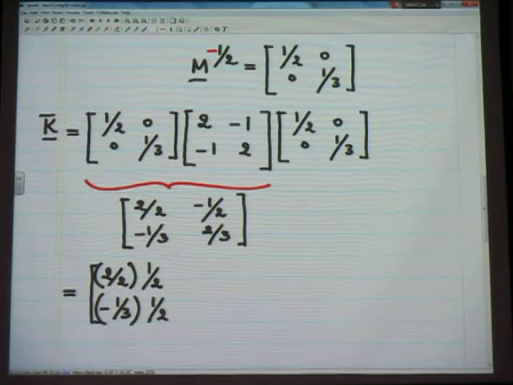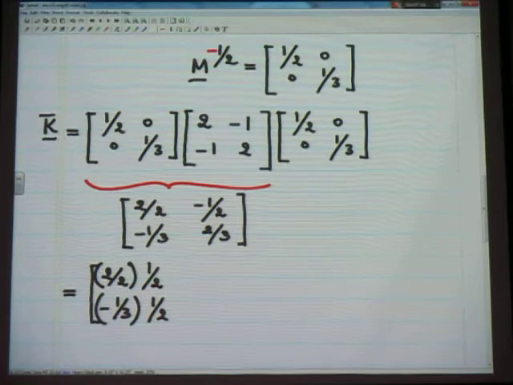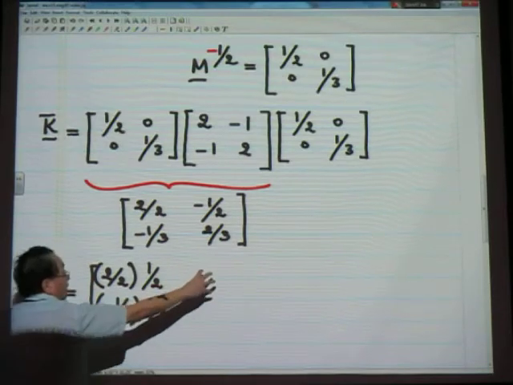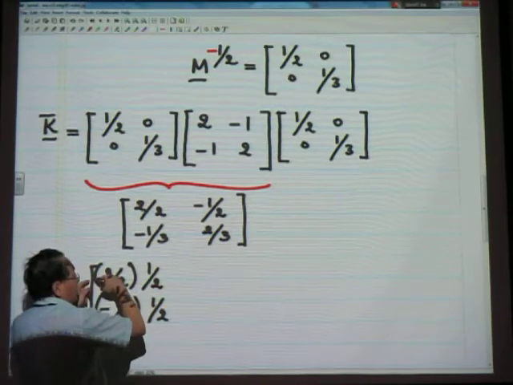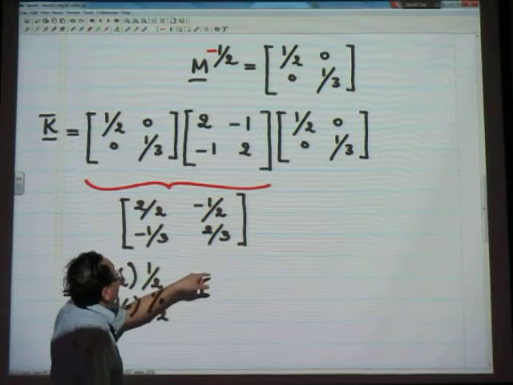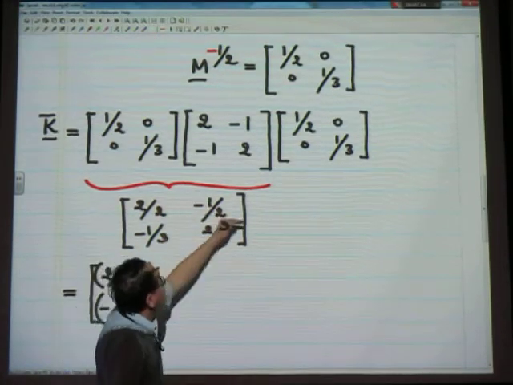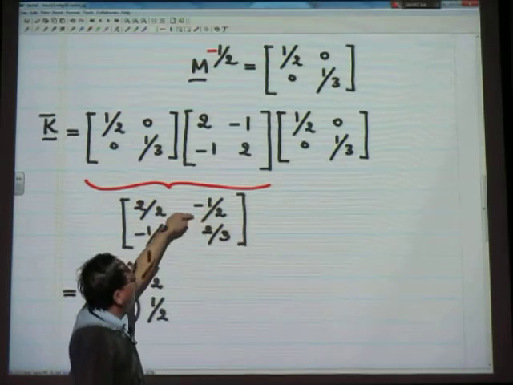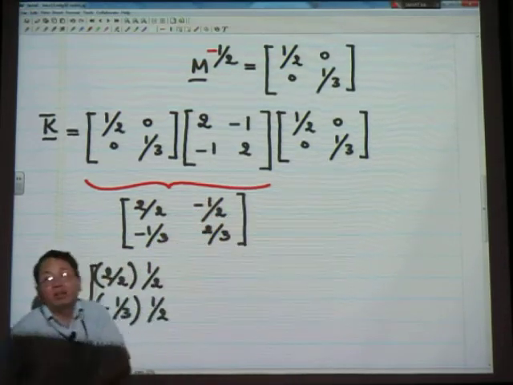And then the second column, if you repeat the same thing, for this coefficient here, which is the coefficient at row 1, column 2. So row 1 times the second column, you see, only this coefficient gets multiplied by 1/3.